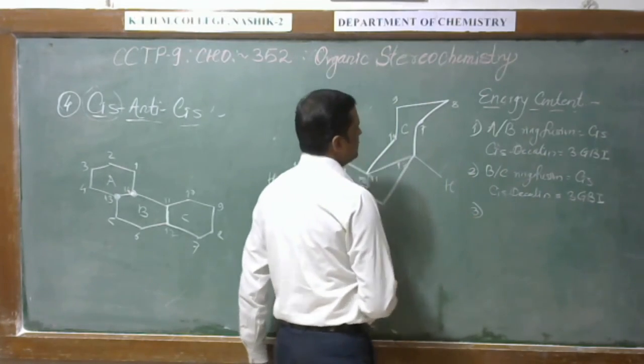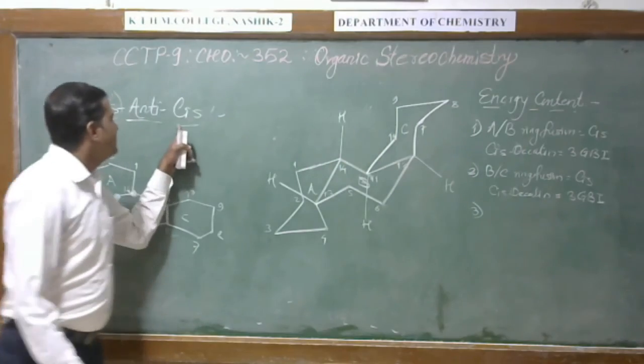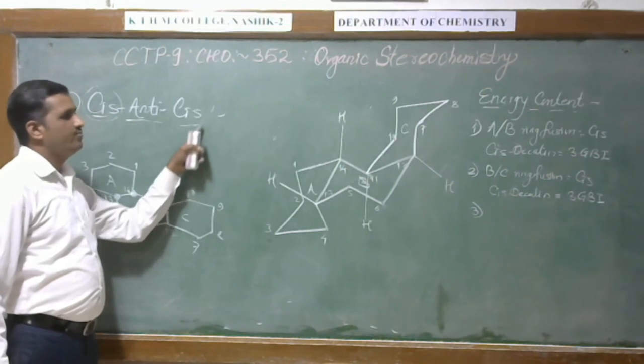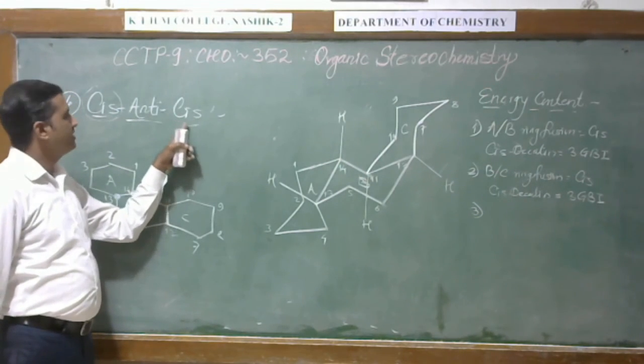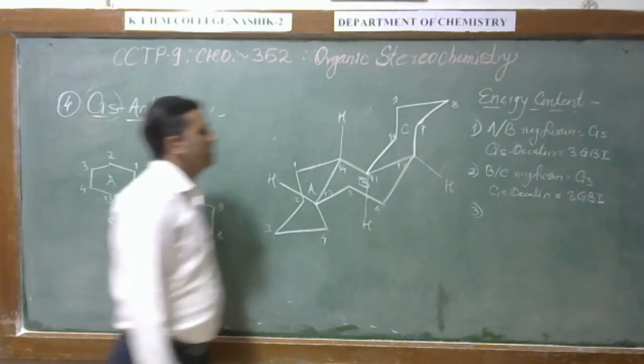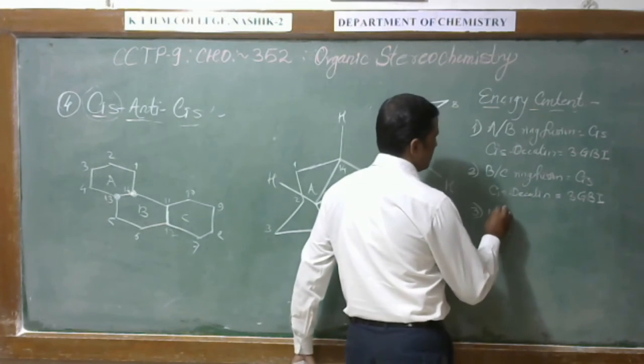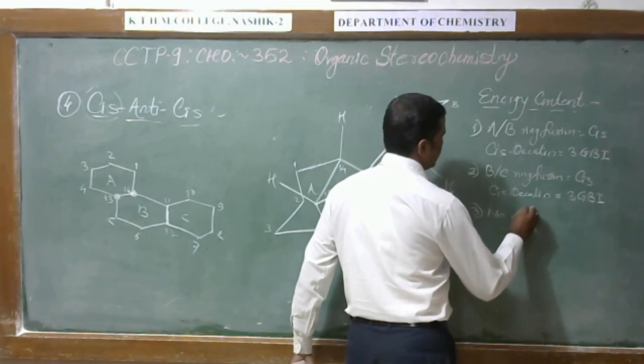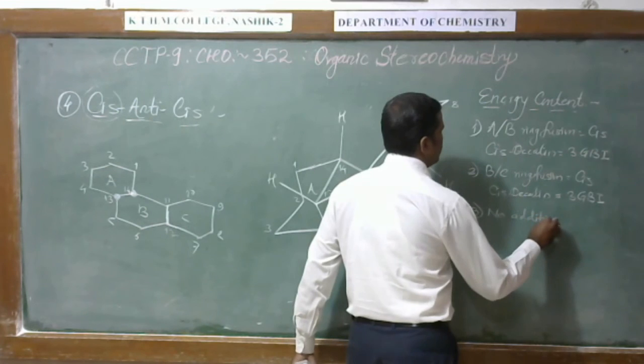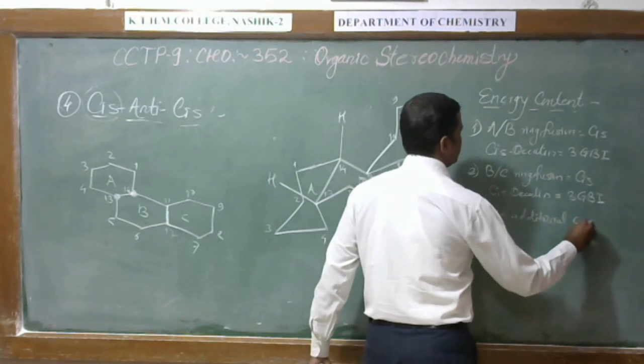The third thing is, if the last word is trans, then we are considering one additional gauche-butyl interaction, but it's a cis condition, therefore there is absence of additional gauche-butyl interaction, or we can say no additional gauche-butyl interaction.